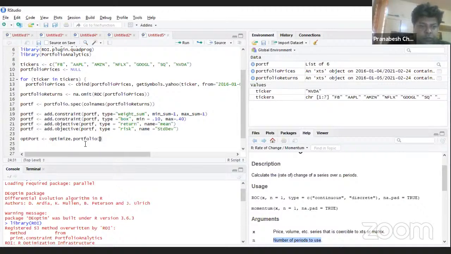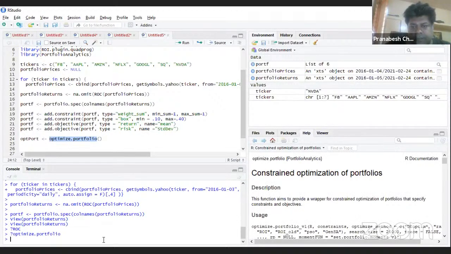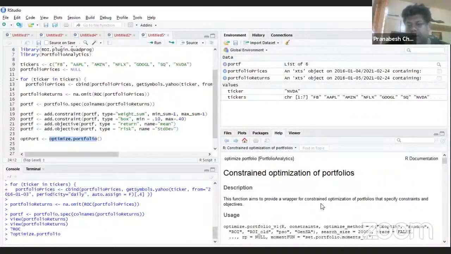Now let's do one thing. Let us look at optimize.portfolio and see what parameters it actually takes. Now you see this definition: the function aims to provide a wrapper for the constrained optimization of the portfolio.